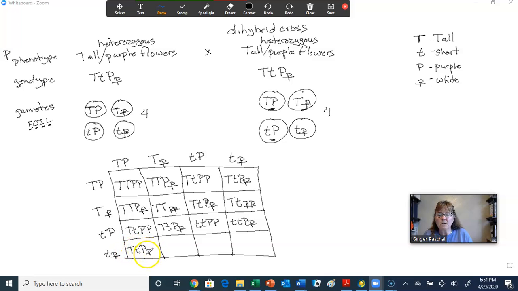It takes a few minutes to get these all filled in, but it's important that you're careful and that you don't make a mistake.